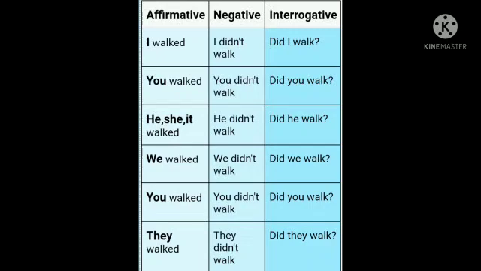Now the fourth one, we worked is the affirmative sentence, and then the negative will be we didn't work, and similarly the interrogative will be did we work. You worked, then the negative will be you didn't work, and the interrogative will be did you work.